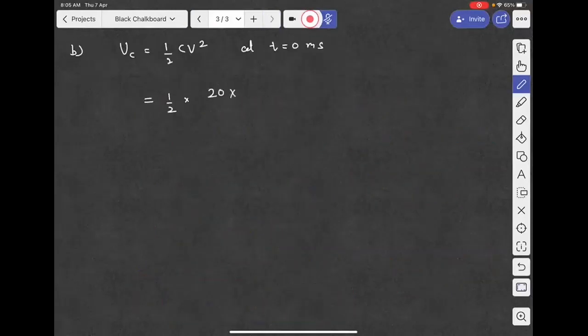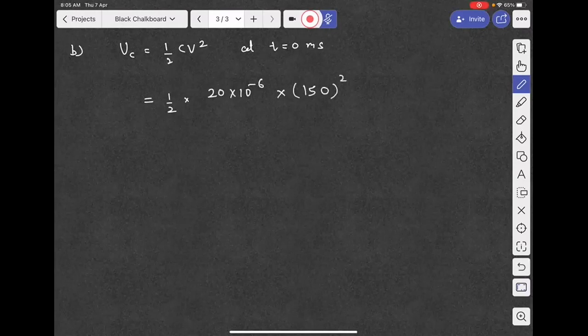So 20 into 10 to the power minus 6 multiplied to voltage 150 whole square. This will give us 0.225 joules. Writing unit for every numerical solved is very important. Always write unit next to the answer that you get.